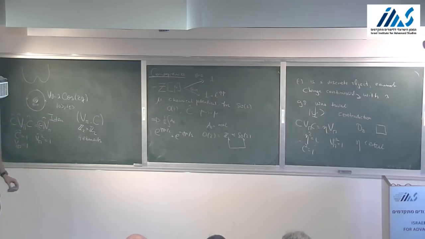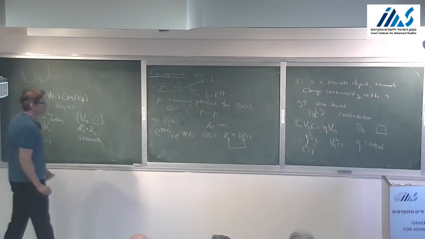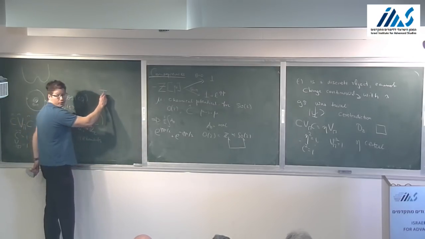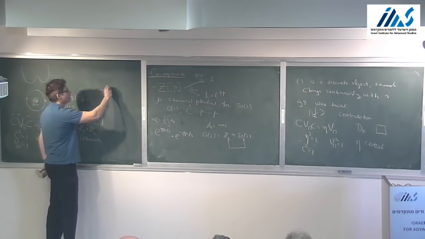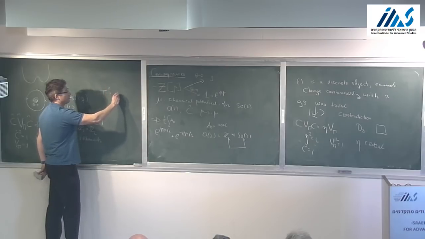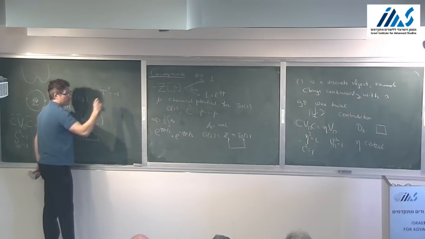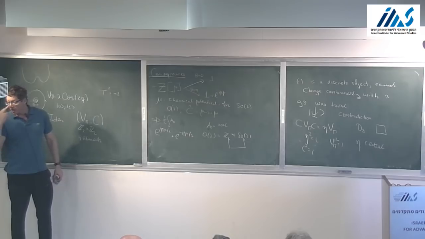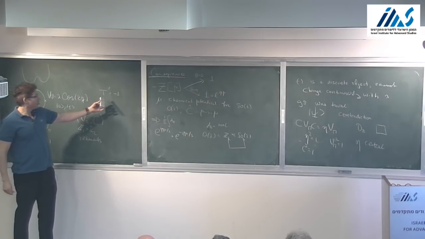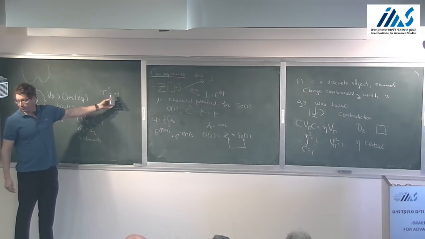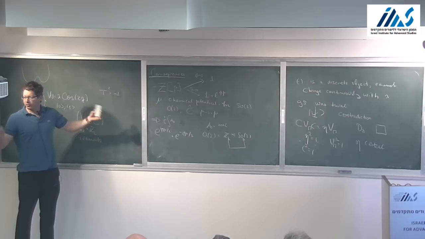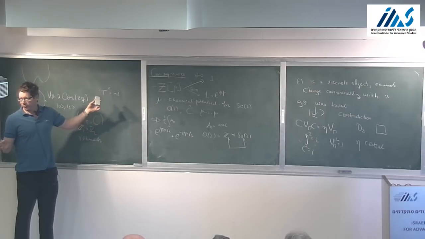No, Kramer's theorem is about systems where there is an anti-unitary operator T that squares to minus 1. Kramer's has shown that if you have a system with an anti-unitary that squares to minus 1, the quantum mechanical ground state cannot be non-degenerate.